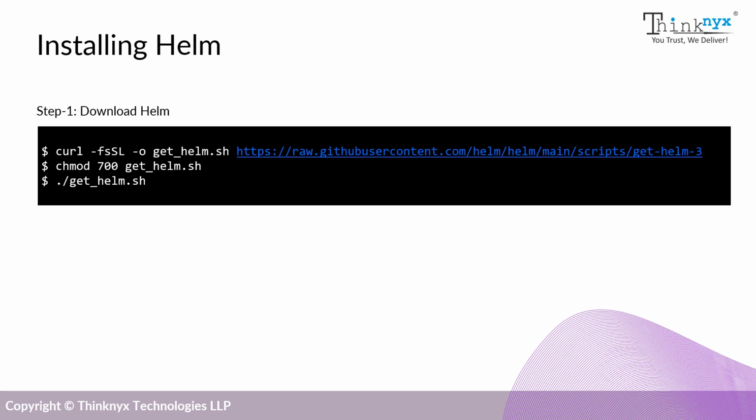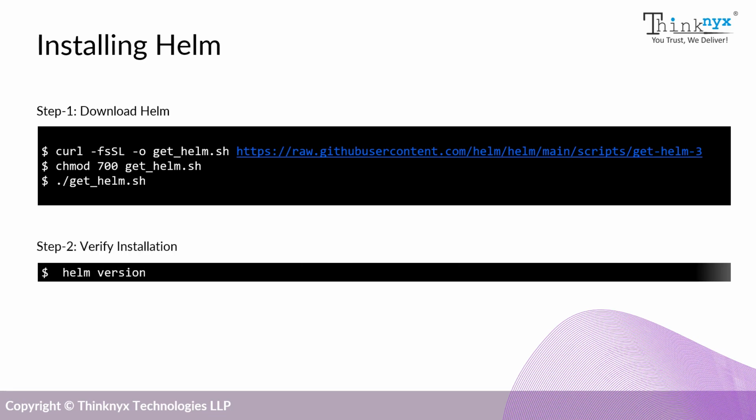Next, we need to make the script executable using the second command. And now that the script is executable, we can run it to install Helm on our system. Then we confirm the successful installation of Helm by running helm version. Both the client and server version should be displayed.